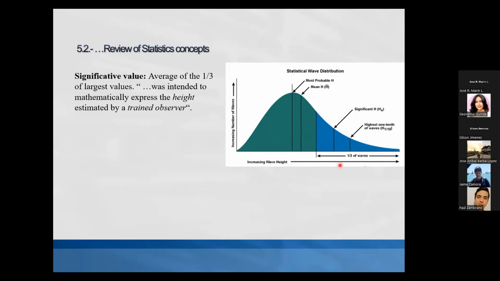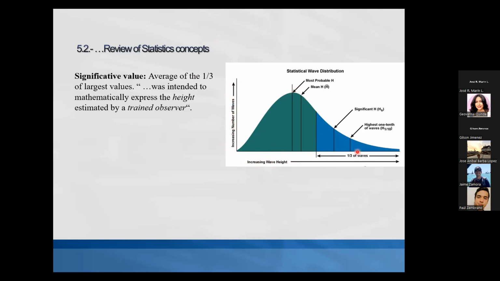So here, we have the wave height. Let's suppose we have a time register of the wave elevation. We break it into intervals, and for each one of these intervals, we determine how often we have this outcome.